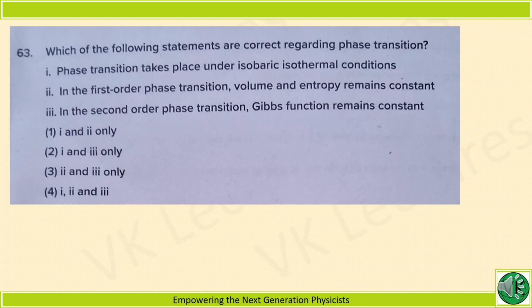In first order phase transition, volume and entropy remain constant. In second order phase transition, Gibbs function remains constant. In this, statements 1 and 3 are correct. So the option is 3. Sorry, the option is 2, 1 and 3 only.